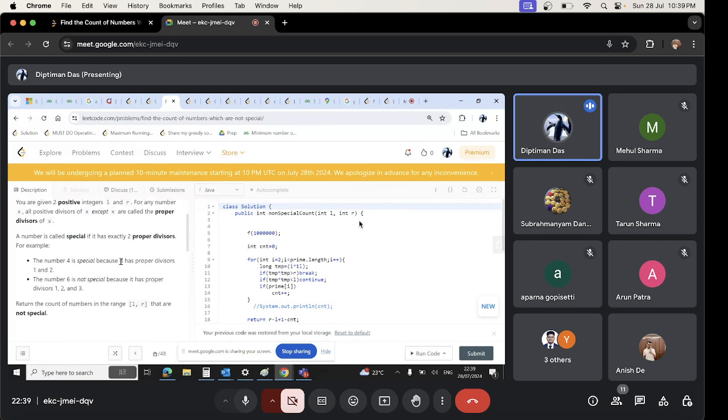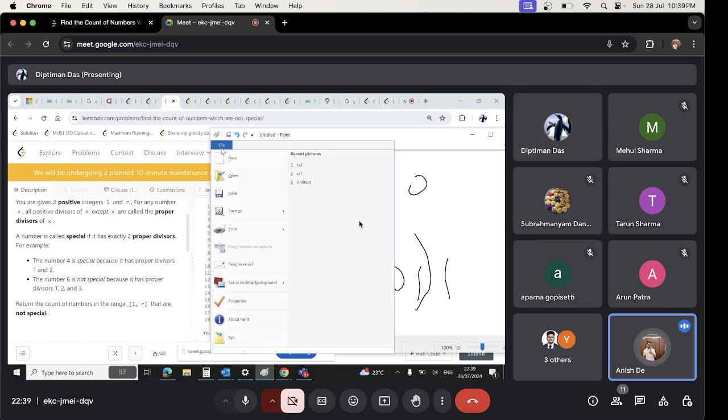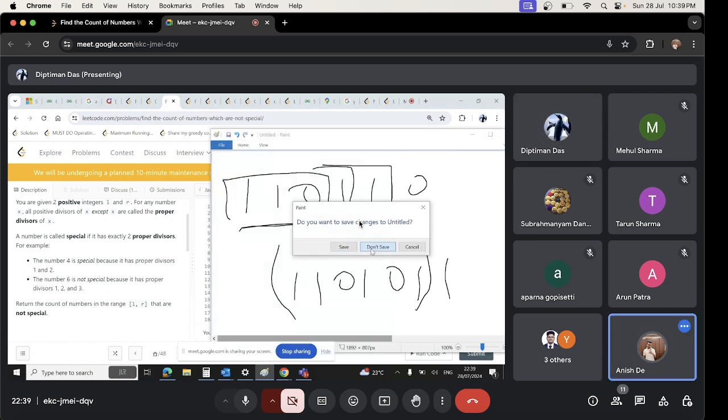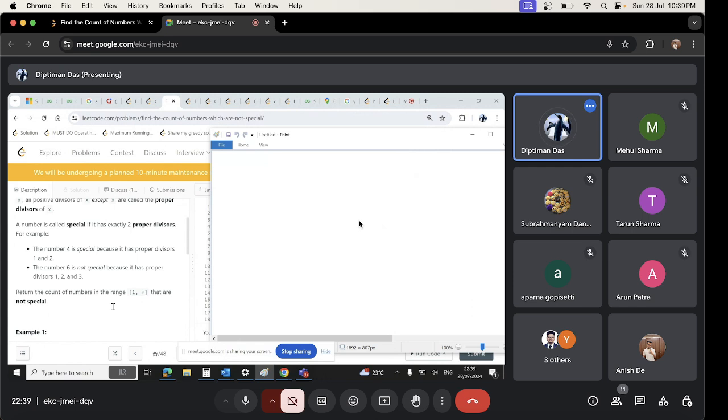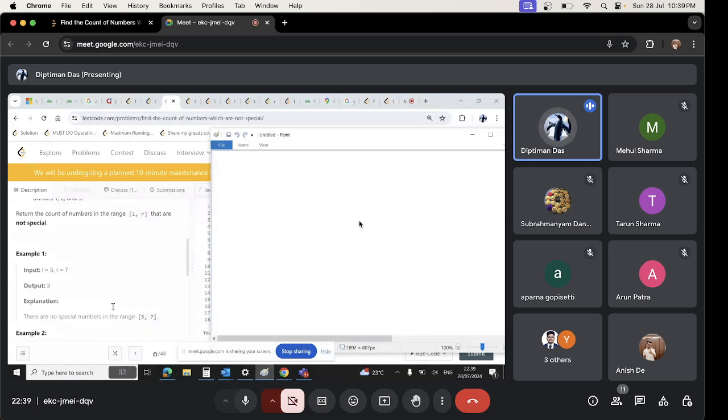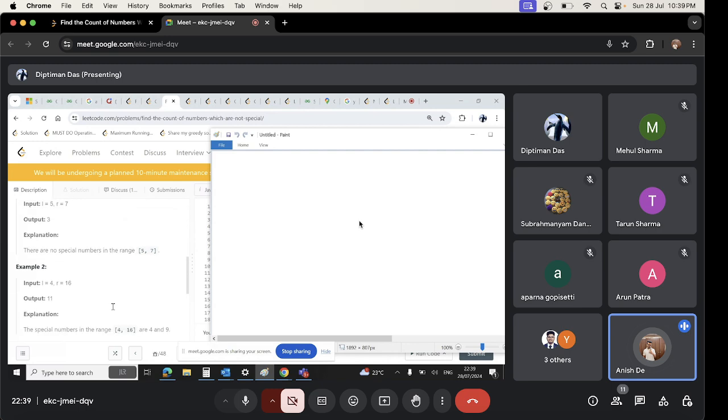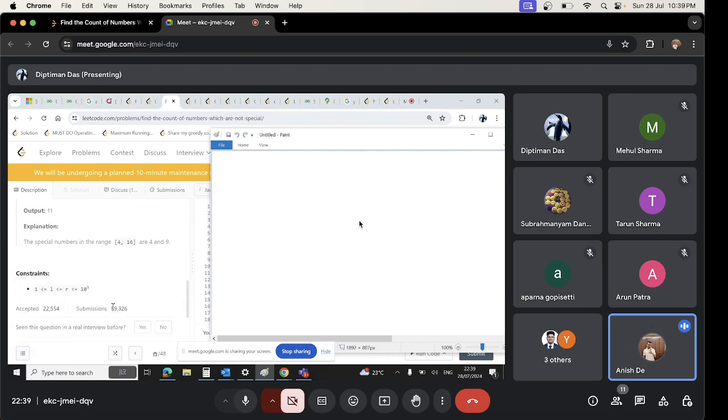So for special numbers we can easily say that the squares of the prime numbers are special numbers, because any other number will have more than two proper factors. This part is clear, right? Everyone understood that a special number will be the square of a prime number?